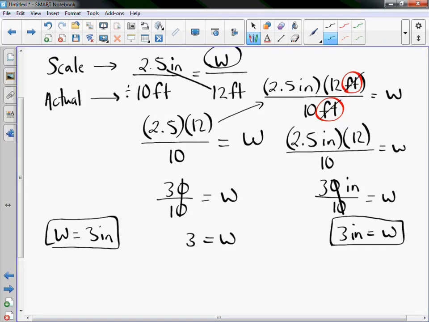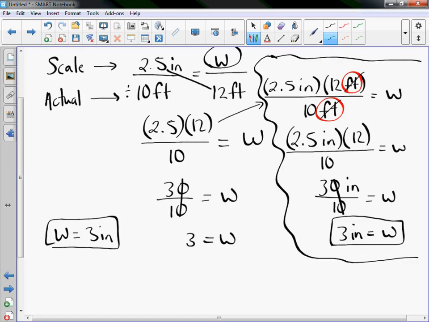But dimensional analysis, this method over here, is a way that will tell you what your label should be. As long as you do it correctly, it should tell you exactly what your label should be at the end. There should be no thinking about it. Okay, so that's a review on ratios, I guess, proportions, and solving scale problems.